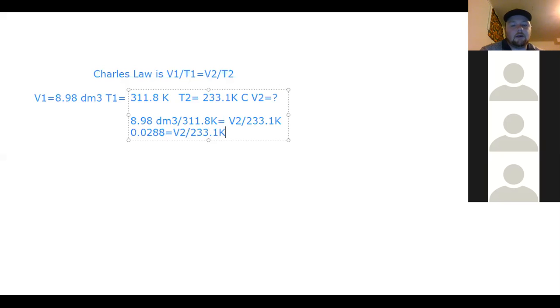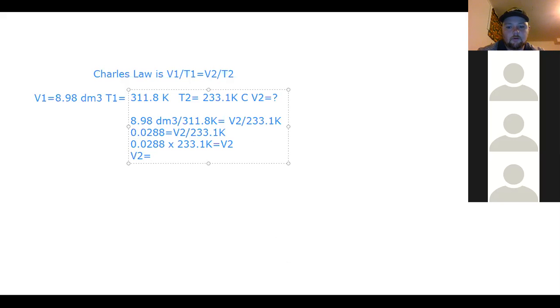The next thing you have to do is multiply both sides by 233.1. So you're going to have 0.0288 times 233.1 Kelvin is equal to V2. So V2 is equal to whatever that comes out to be.